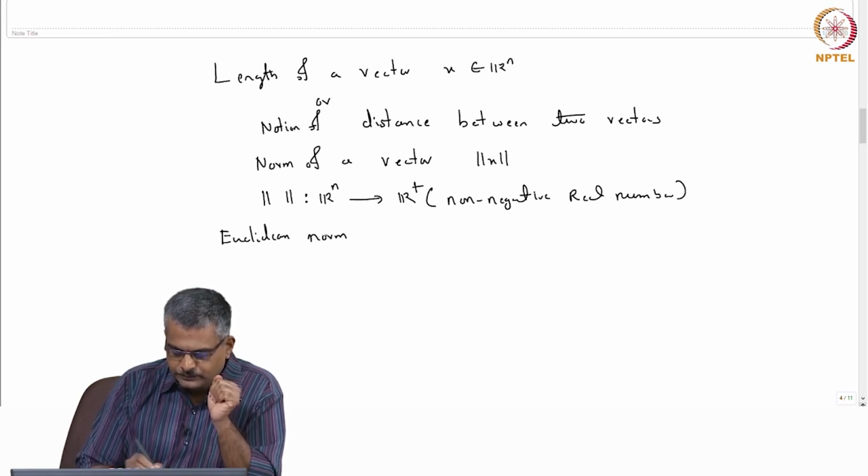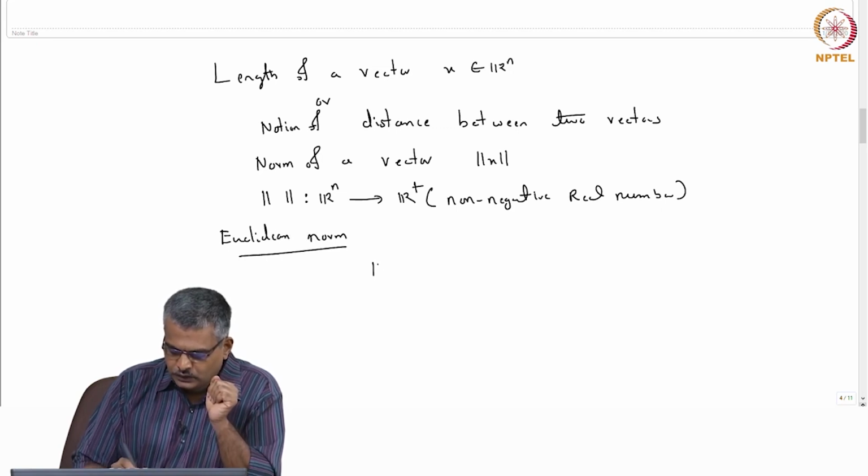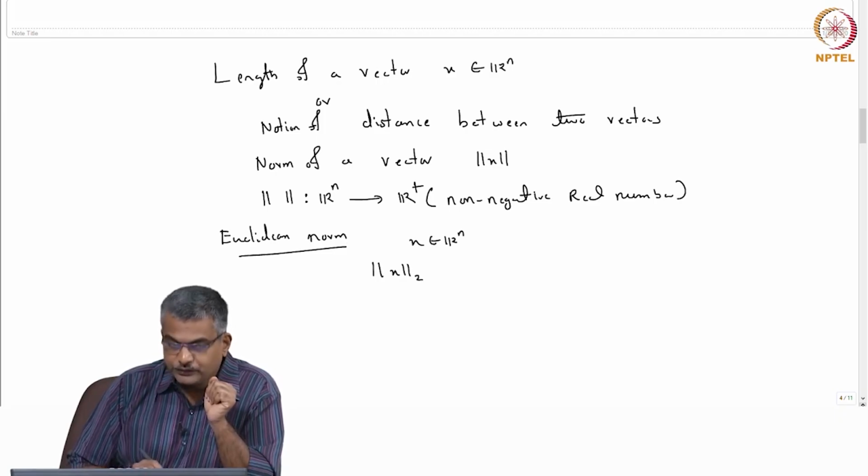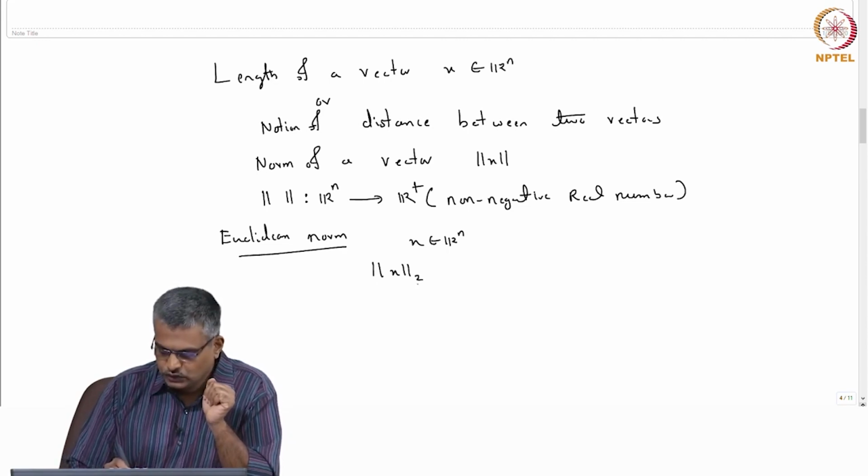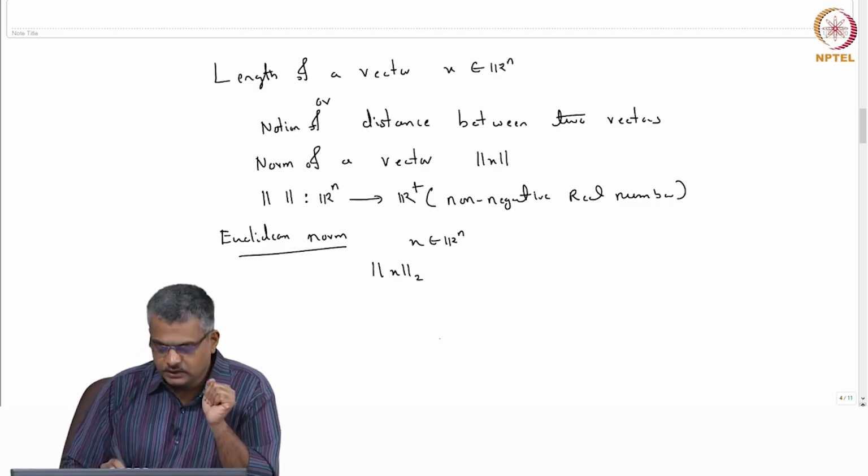So, x is a vector in Rn. The symbol used has a subscript 2 to say that you are using the Euclidean norm. The 2 comes because of the square terms.